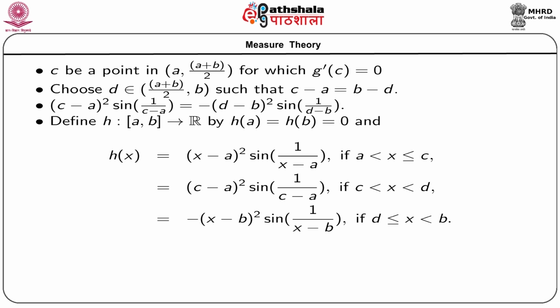In the open interval (c, d), h(x) takes the constant value (c minus a) whole squared sin 1 by (c minus a), and in the part d less than or equal to x less than b, h(x) takes the value minus (x minus b) whole squared sin 1 by (x minus b).